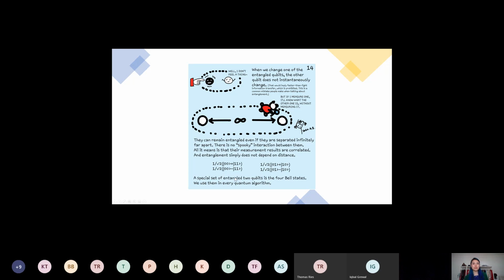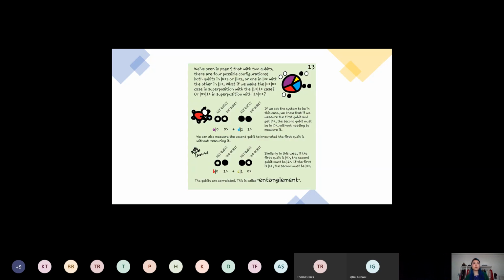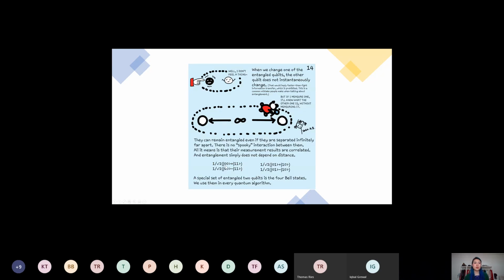So let's look at these special states called the Bell states. Those are 4 possible states if you just give them equal probability. The amplitude could be minus, so you could have these 4 outcomes.